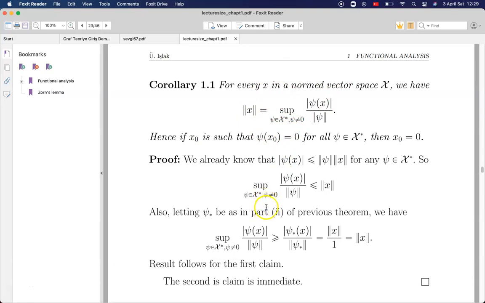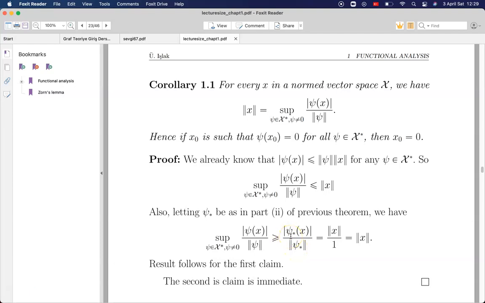And for the second part, we will choose a specific psi star, which was the content of part 2 of our previous theorem. So if you look at the right hand side, this supremum will be greater or equal to the length of psi star at x divided by the norm of psi star.